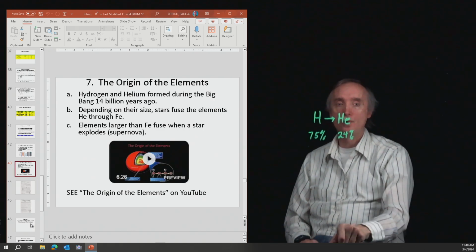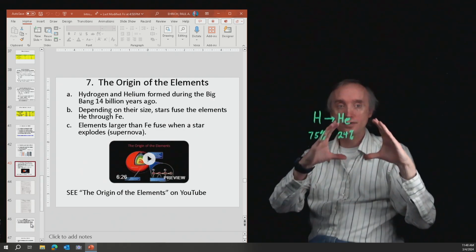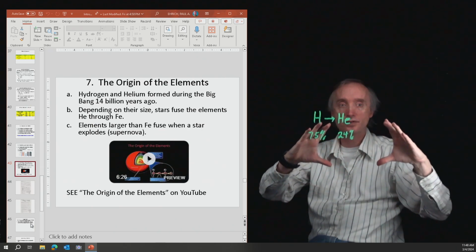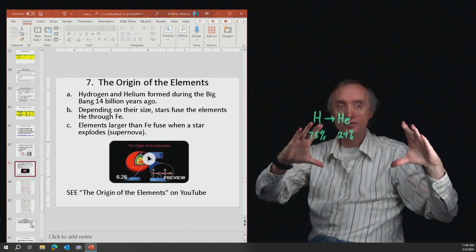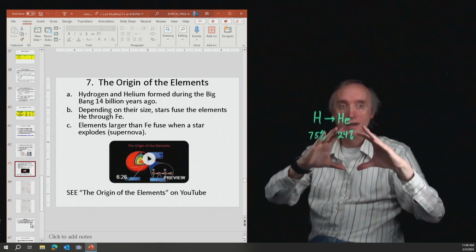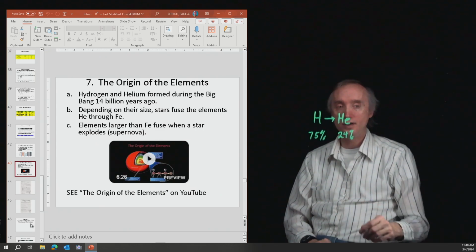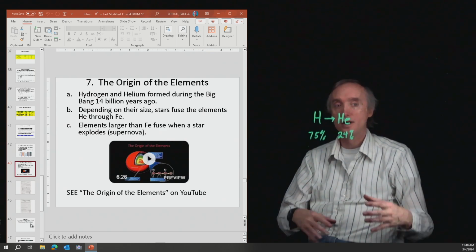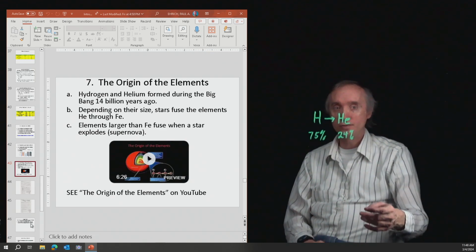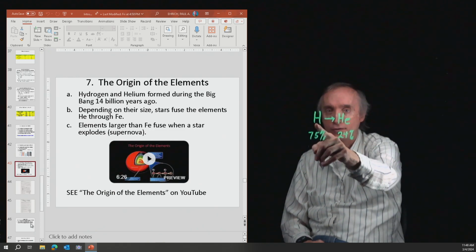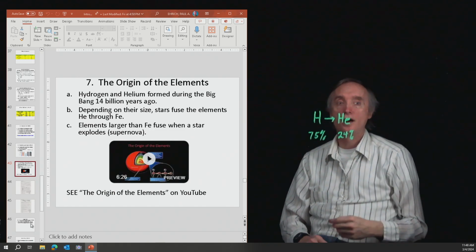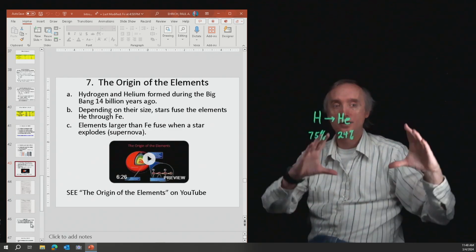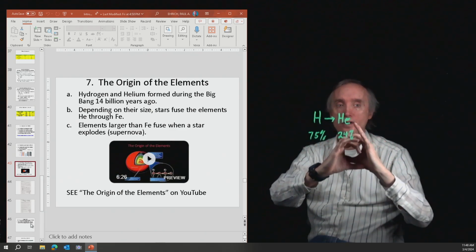The reason a star is a certain size is because the nuclear explosions are trying to make the star bigger, but gravity is trying to make the star smaller. As long as those two forces are in equilibrium, the star remains at the same temperature, the same size, the same pressure. But as soon as a star begins to run out of hydrogen, the nuclear explosions begin to die down, and gravity starts to pull the star in.